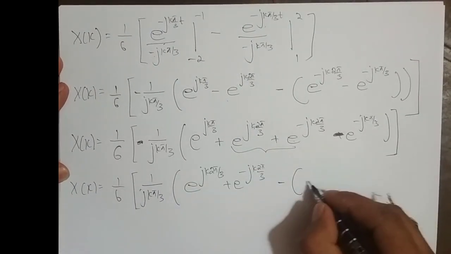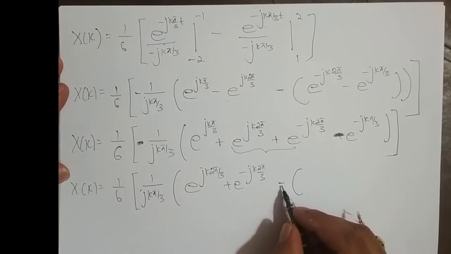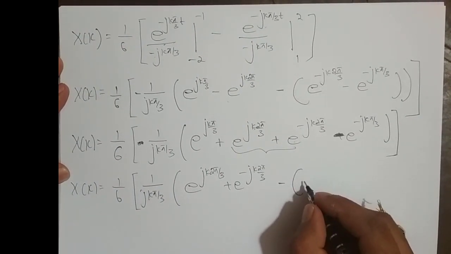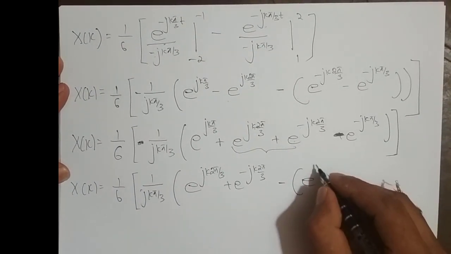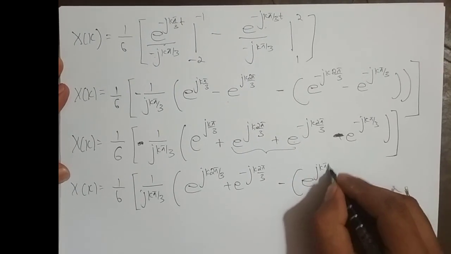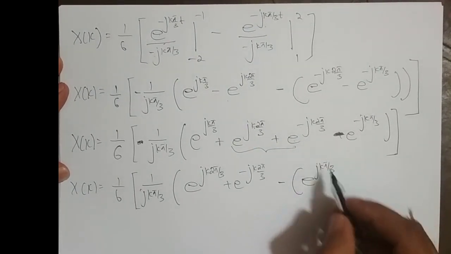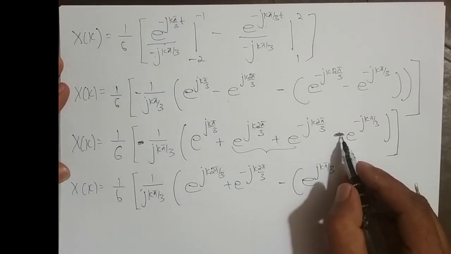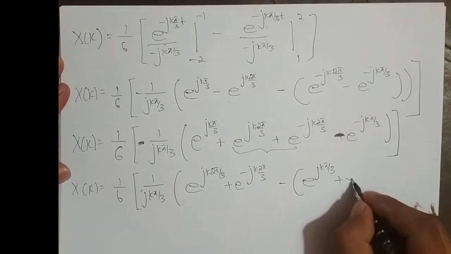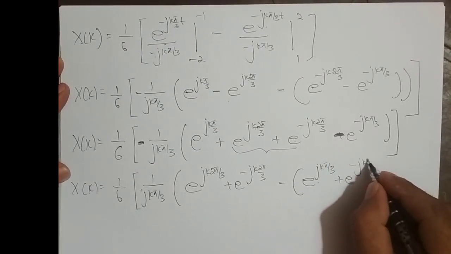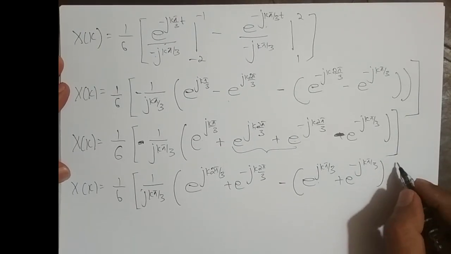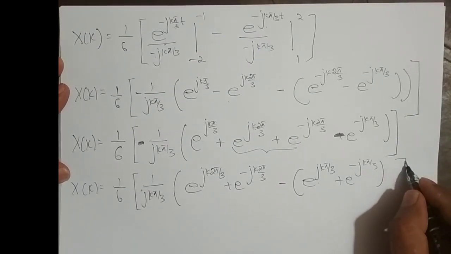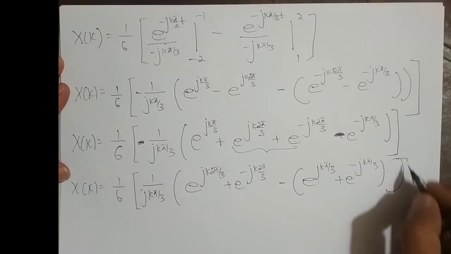I have e power j k pi by 3, fine, e power j k pi by 3 minus into minus plus e power minus j k pi by 3. I will put one more bracket and one more bracket.